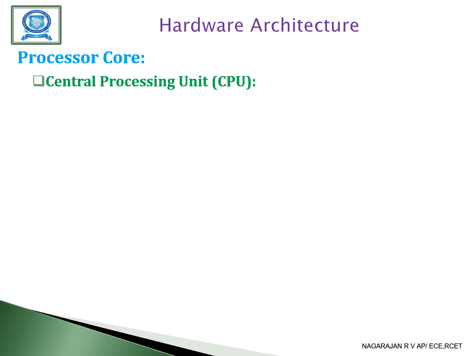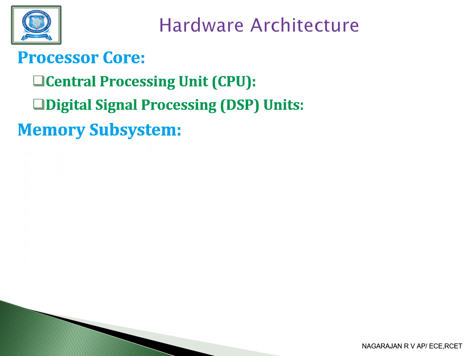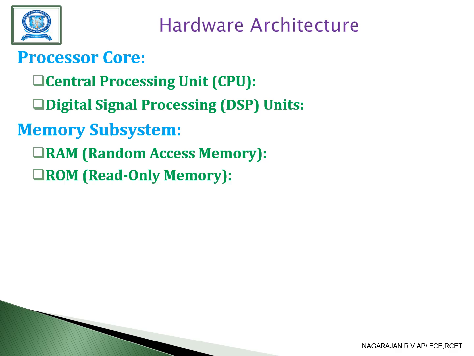Our next unit is the digital signal processing unit, that is, the DSP unit. It is a specialized unit within the processor for handling mathematical operations related to signal processing such as filtering, FFT and modulation. Our next one is the memory subsystem. In the memory subsystem, we use random access memory (RAM), read-only memory (ROM), and cache memory.